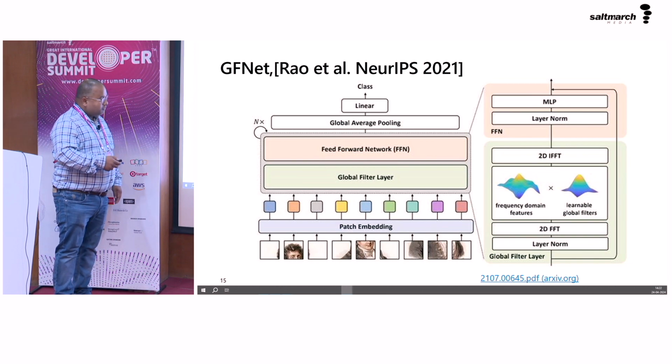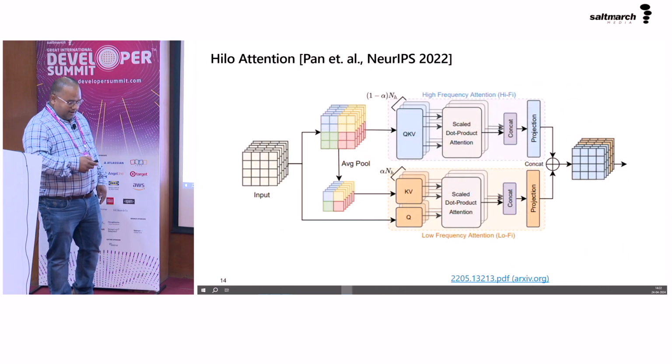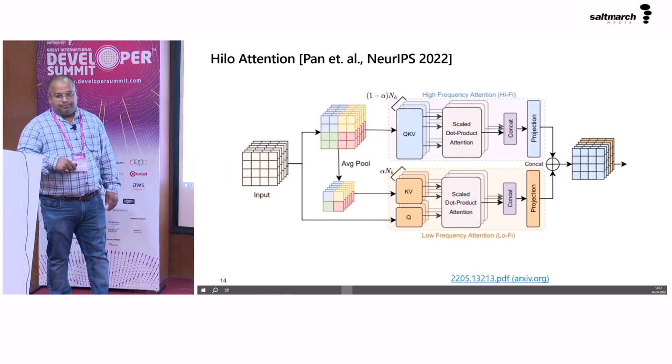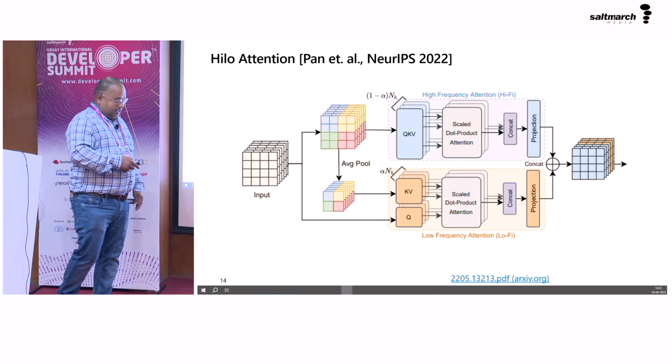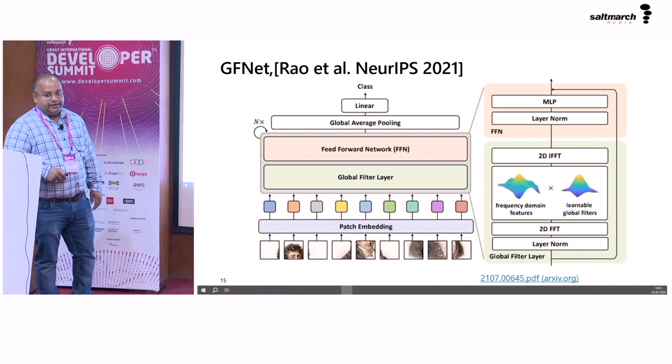They are not able to capture fine-grained information. The previous model is able to capture fine-grained information, but has quadratic complexity. Here the complexity is solved, but they are not able to capture fine-grained information.